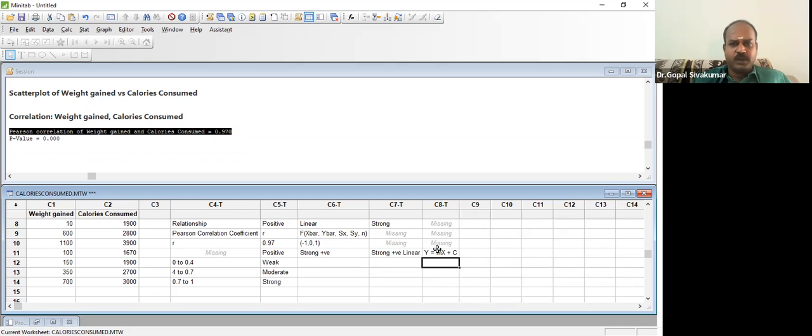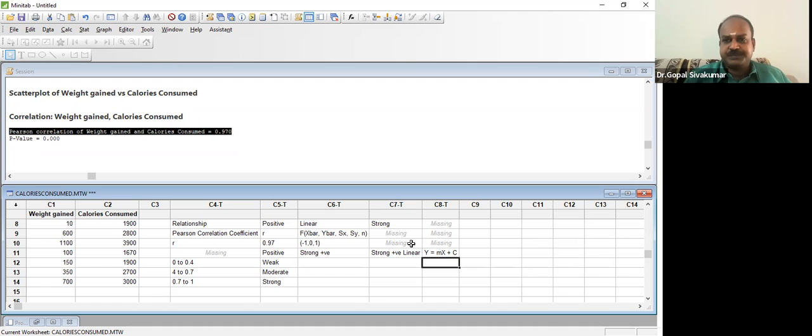What is this formula? y equal to mx plus c. Hope all of you have studied this in your lower classes, somewhere in school or college. So y equal to mx plus c is always the equation representing a straight line. Does anybody here know what m and c are?